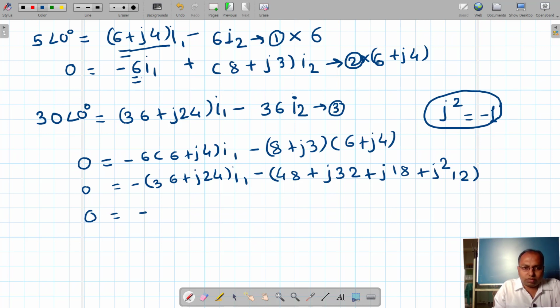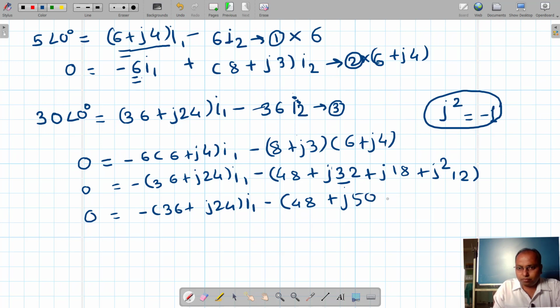So 0 is equal to minus of this bracket: 48. What is the addition of 32 and 18? It is going to become j50, and now this is minus 12. So we have added these j terms, and this j square we have replaced by minus 1, therefore it is becoming minus 12.